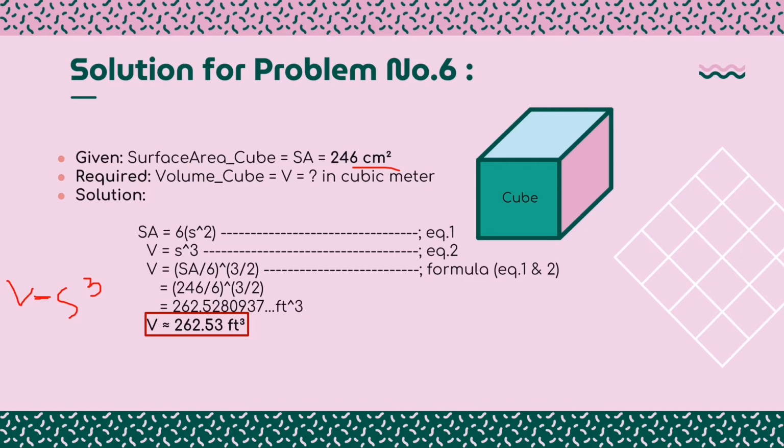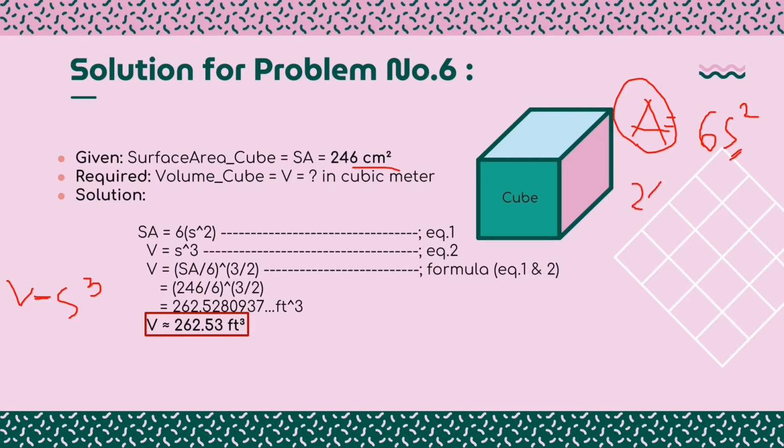We know that the area of our cube is equal to 6 times side squared. We have our A, and we want to get our side.